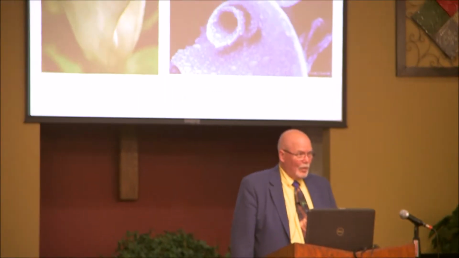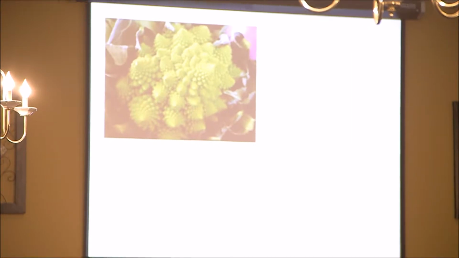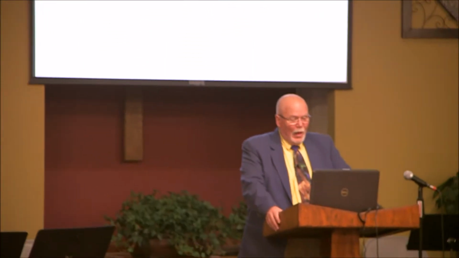Roses are in spirals. This broccoli is in, I don't know if I'd even eat this, but I mean, you know, it looks kind of neat, right? It's all in spirals. Spirogyra is an algae.